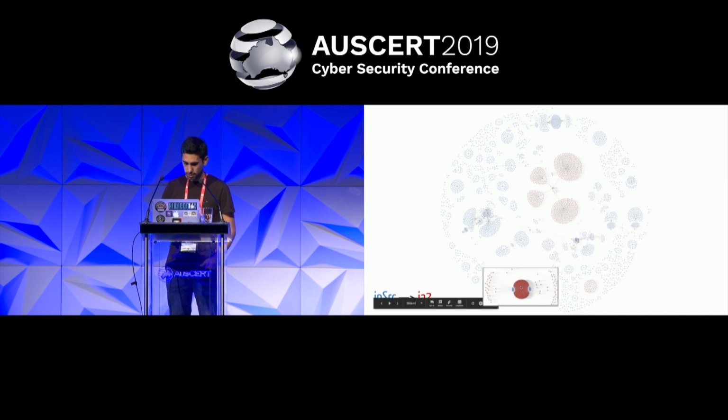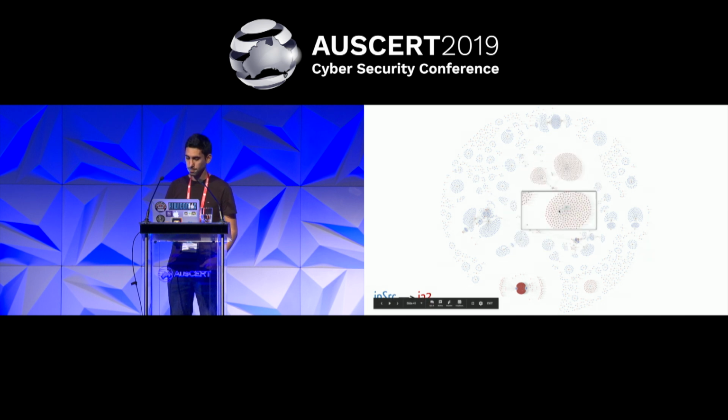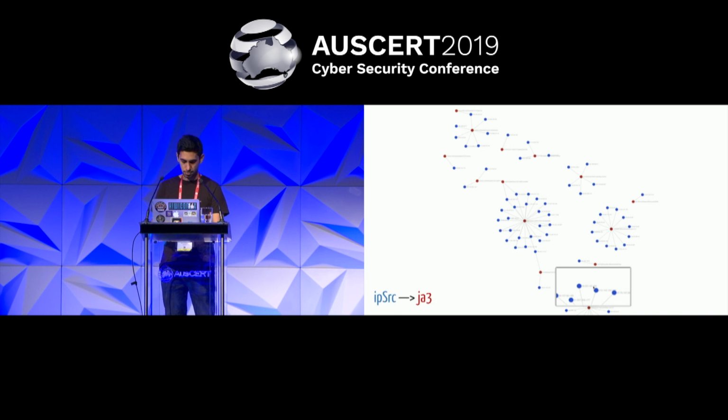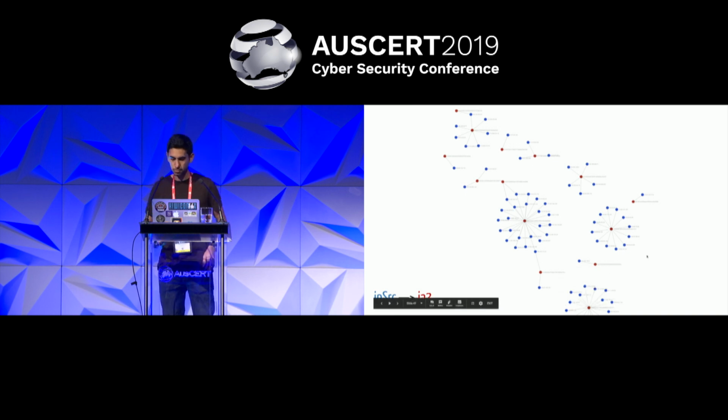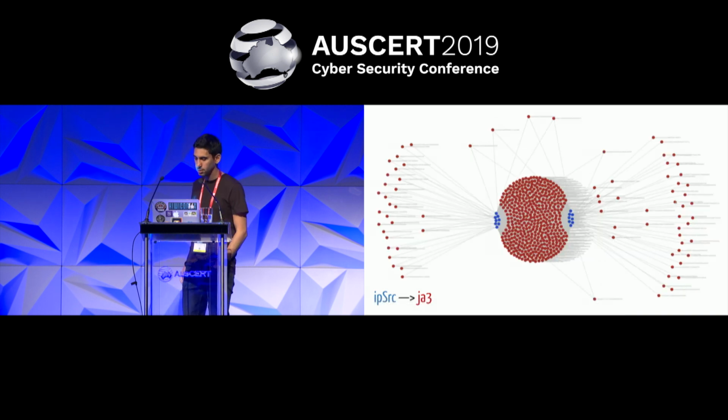But have a look at this. Or this one here. Or this one. These are the normal things I showed you. I'll skip that and go to the interesting one.